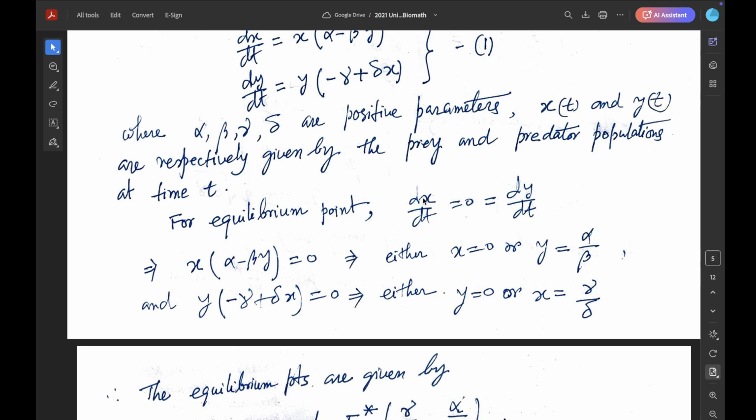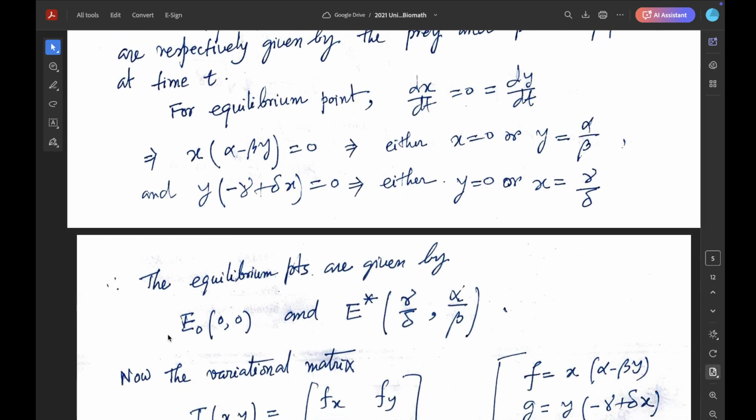So dx/dt equal to 0 implies either x equal to 0 or y equal to alpha by beta, and dy/dt equal to 0 gives y into bracket minus gamma plus delta x equal to 0, and that implies either y equal to 0 or x equal to gamma by delta. If we choose x equal to 0 here, then y equal to 0 from the second equation.